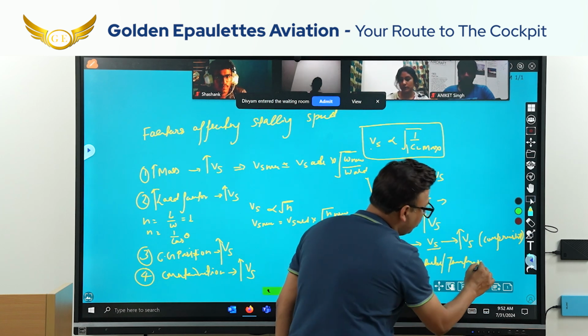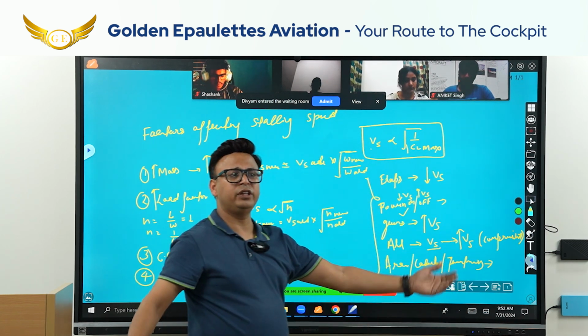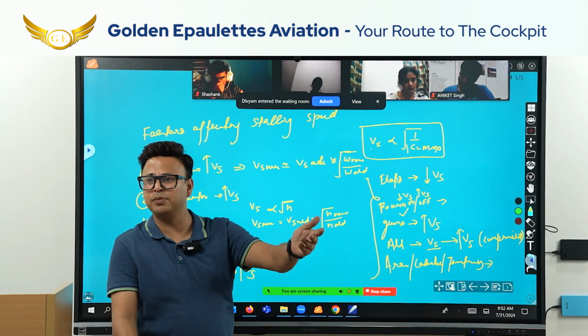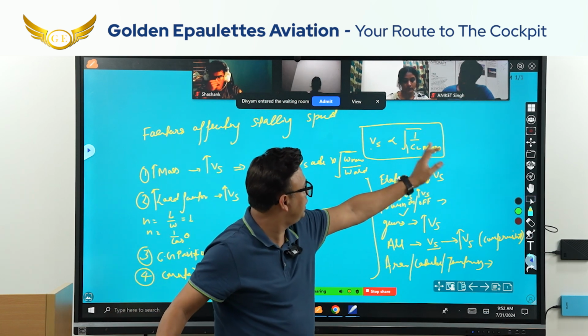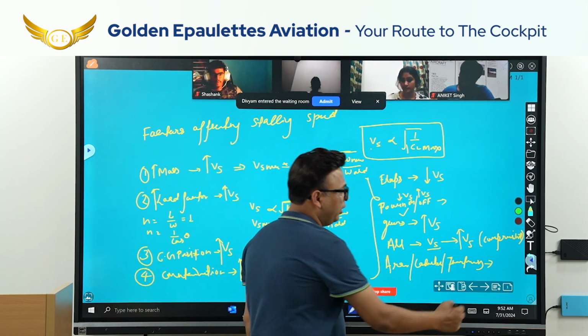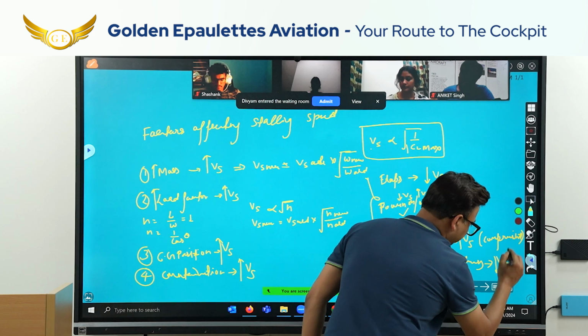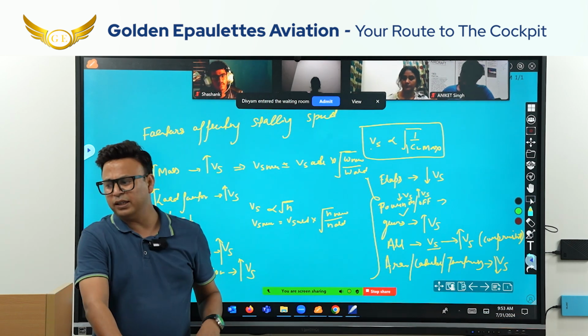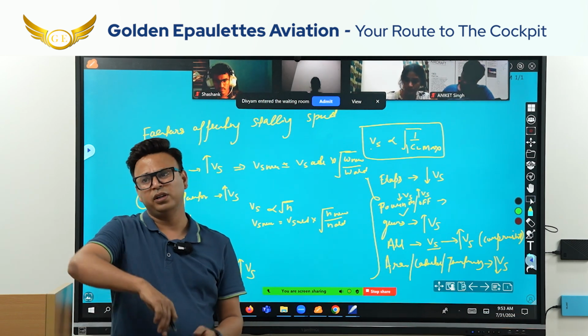If your area is more, your camber is more, your thickness is more, means CL max will increase. If your CL max increases, Vs will reduce. So these are the factors which affect your stalling speed.